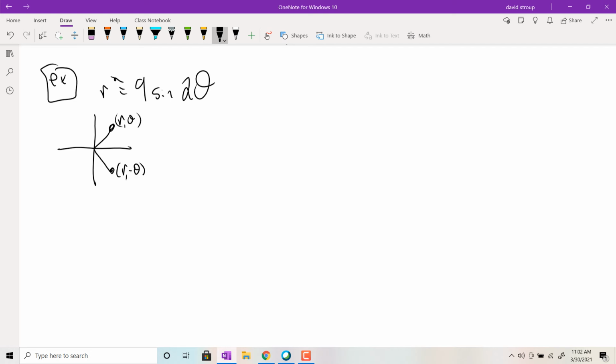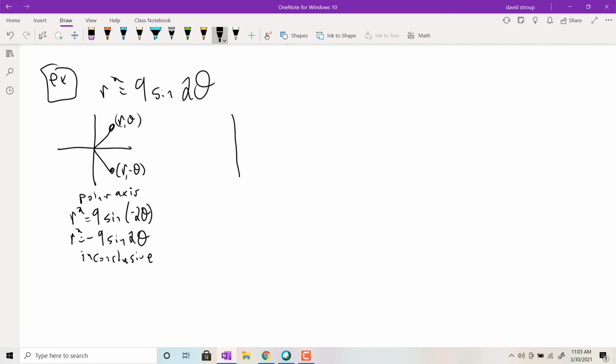So we're replacing theta with negative theta, so you get r squared equals 9 sine of negative 2 theta. Sine is odd, so this will be r squared equals negative 9 sine of 2 theta, which is not the same as the original, so no conclusion on the polar axis symmetry. So this is polar axis.